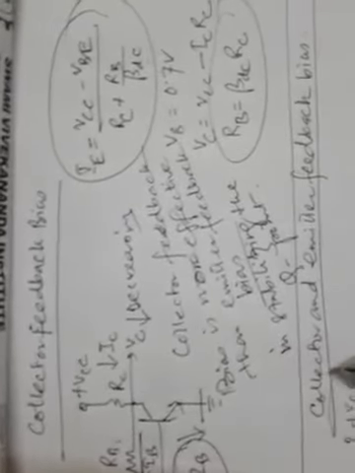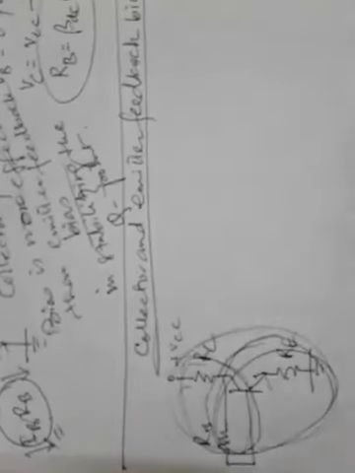This is VCC, this is RC, this is RB, and this is RE. You can easily see that this area is collector feedback bias and this area is emitter feedback bias. If these two are combined in a single circuit, it is called collector and emitter feedback bias.